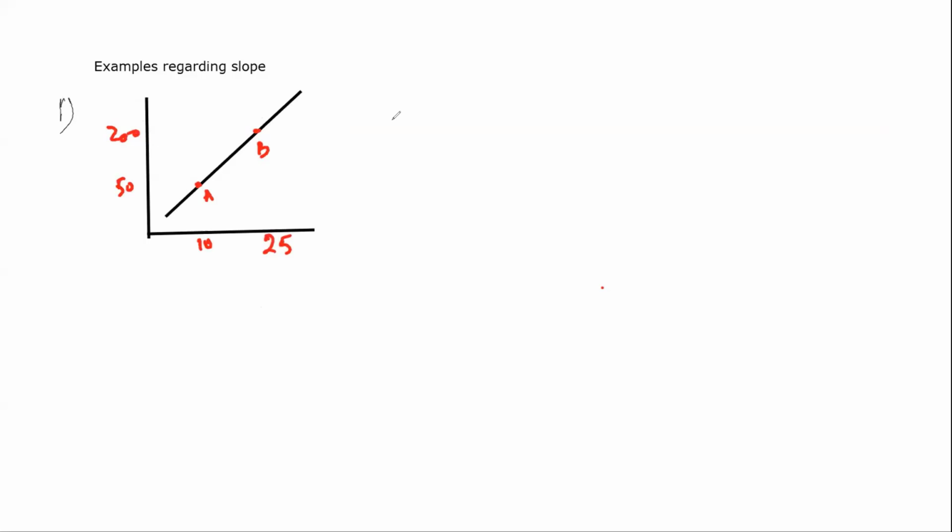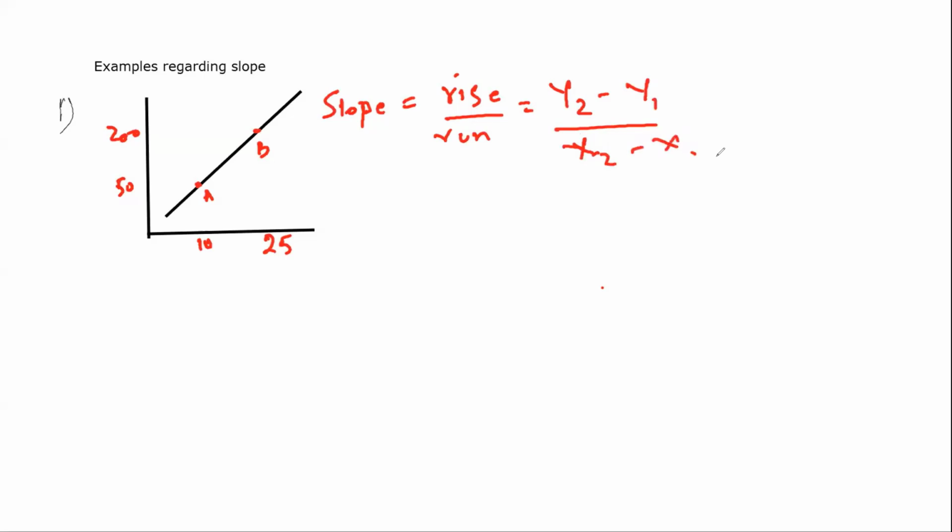So I will write the formula, and then I will ask the values for it. The formula for slope is rise divided by run. And if you open the formula, let's write it as y2 minus y1 divided by x2 minus x1.